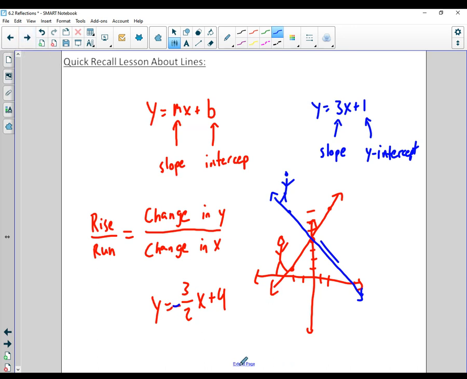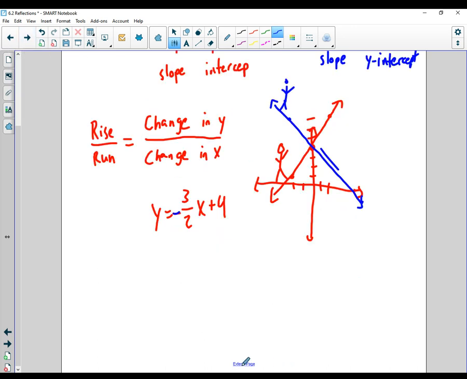And there's two things. Again, this is probably more so in the back of the brain, but the big thing here is that if you have a line, let's use this example again, maybe we had 3 halves x plus 4, and I wanted to make a line that was perpendicular to this line. So here's this line, the 3 halves x plus 4. It's in red, but blue here.